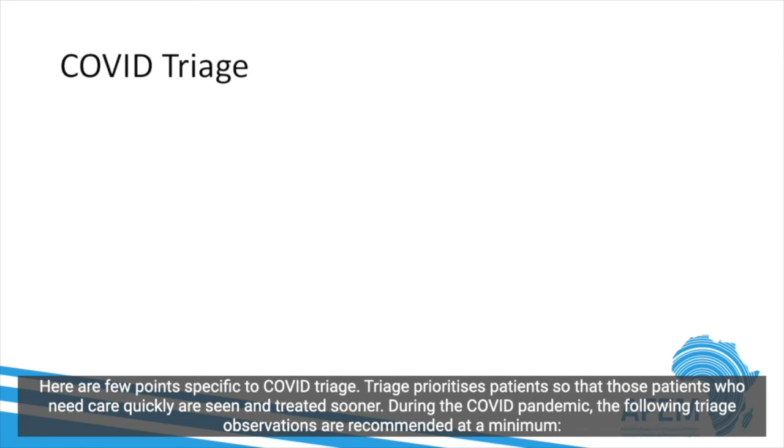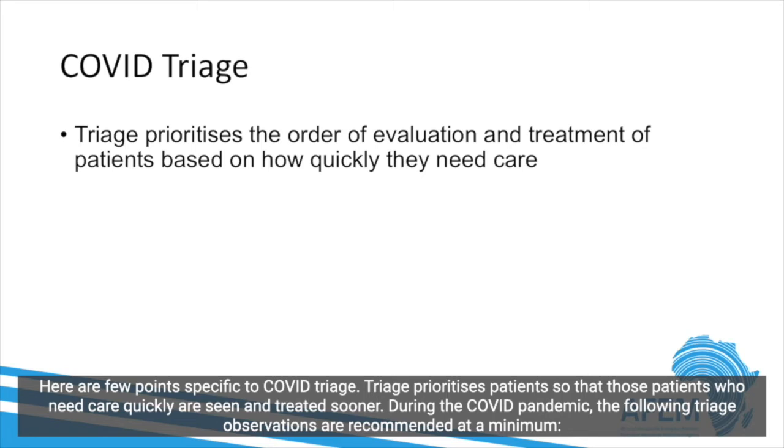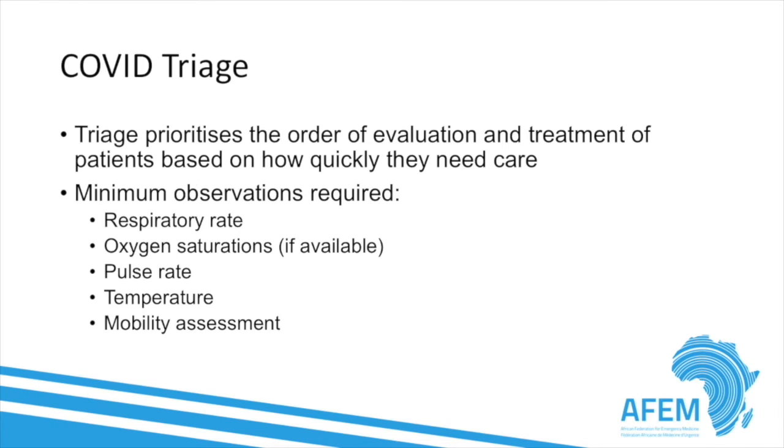Here are just a few points specific to COVID triage. Triage prioritizes patients so that those who need care quickly are seen and treated sooner. During the COVID pandemic, the following triage observations are recommended at a minimum.